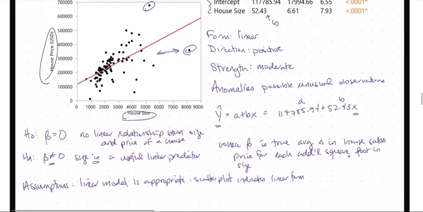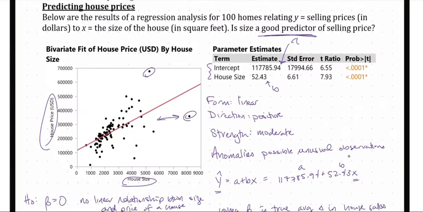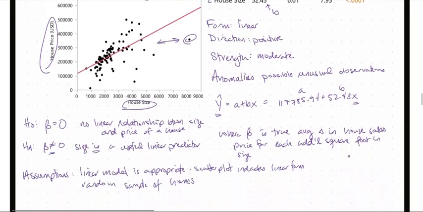If we saw a nonlinear form in the scatter plot, then we would not be able to use a linear regression model. We also can assume a random sample of homes. In this case, we're not told that we have a random sample of homes, so this is a true assumption.